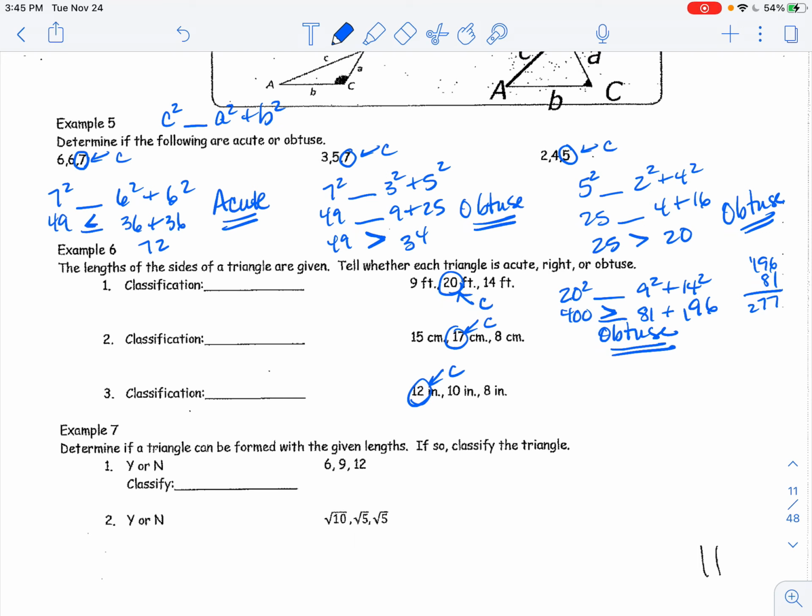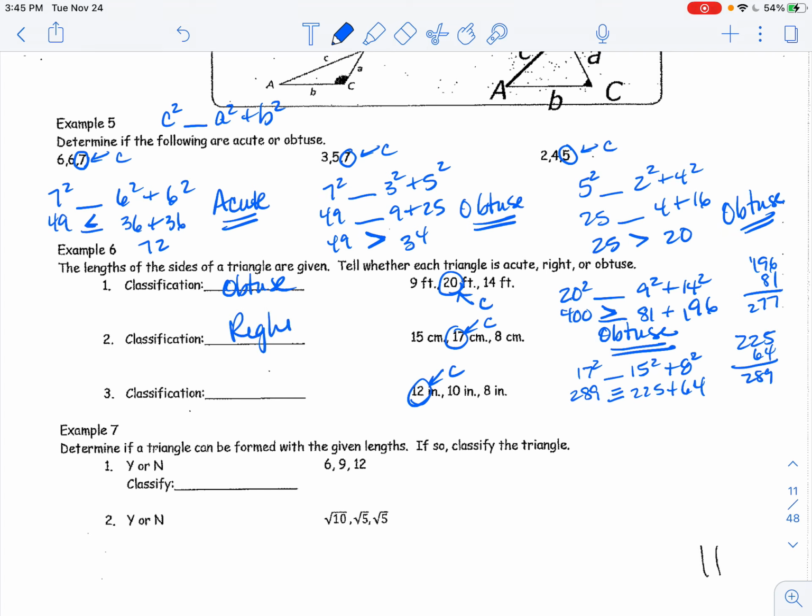And this next example, I guess I'll write it over here. All right, in the next example, we have 17 squared compared to 15 squared plus 8 squared. 17 squared is 289 compared to 225 plus 64, and 225 and 64 is 289.